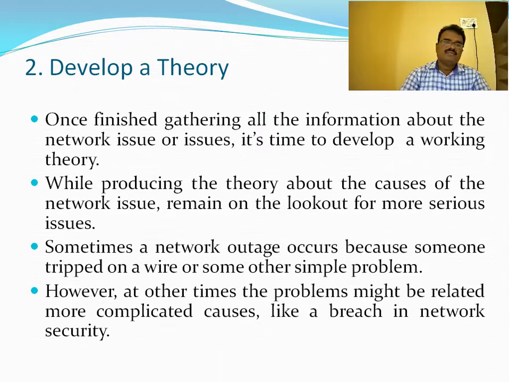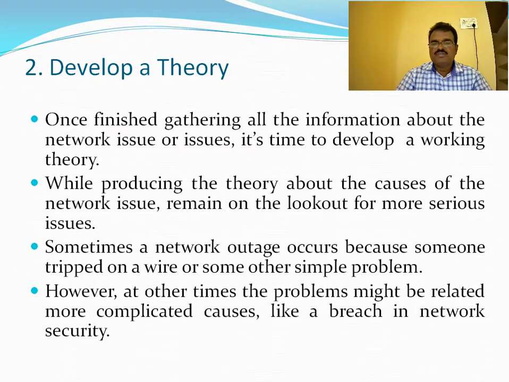So the next step is to develop a theory. Once finished gathering all the information about the network issue or issues, it's time to develop a working theory. While producing the theory about the causes of the network issue, remain on the lookout for more serious issues.